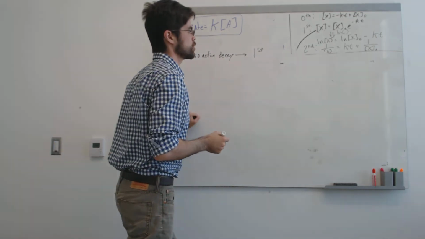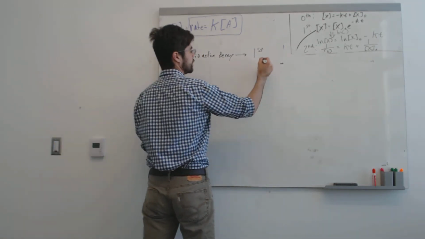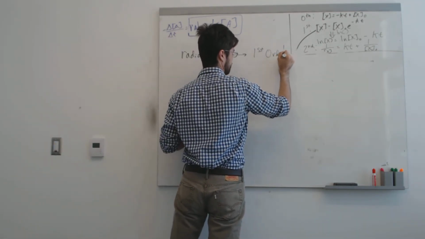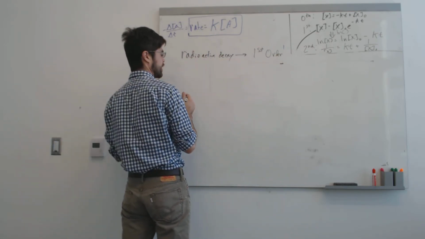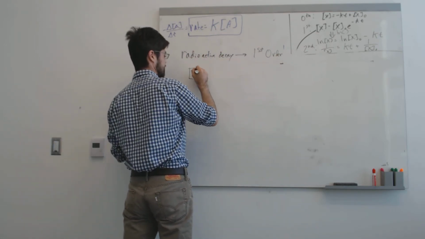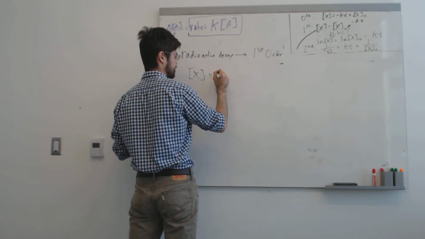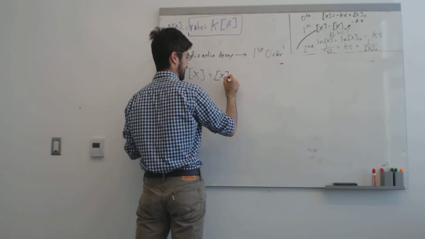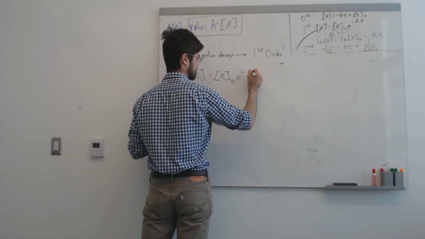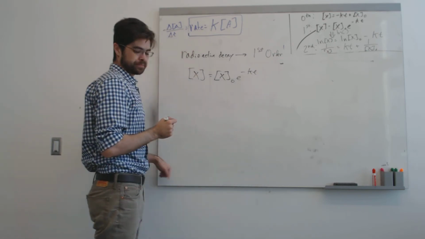So if it follows first order kinetics, then I know that its rate law is an exponential decay. So its concentration varies as e to the minus kt.